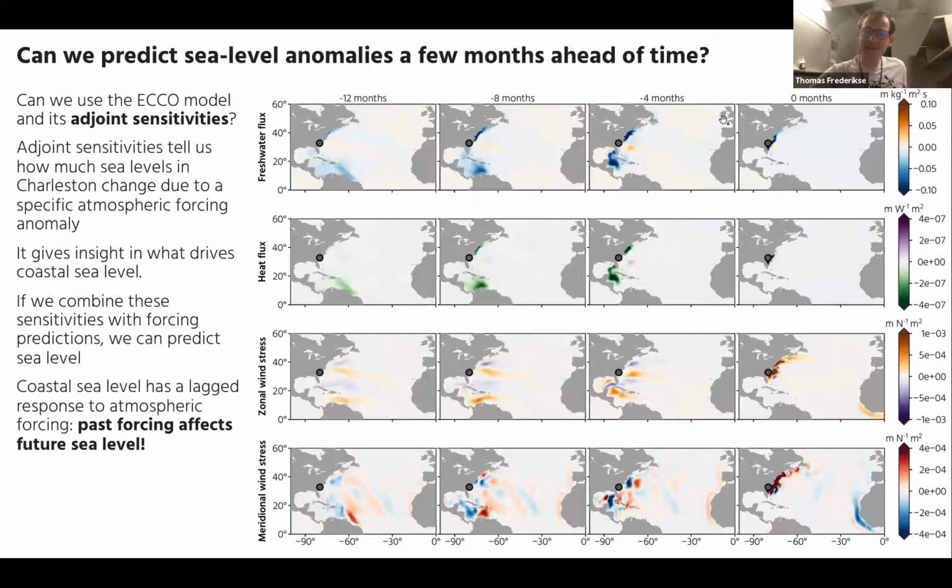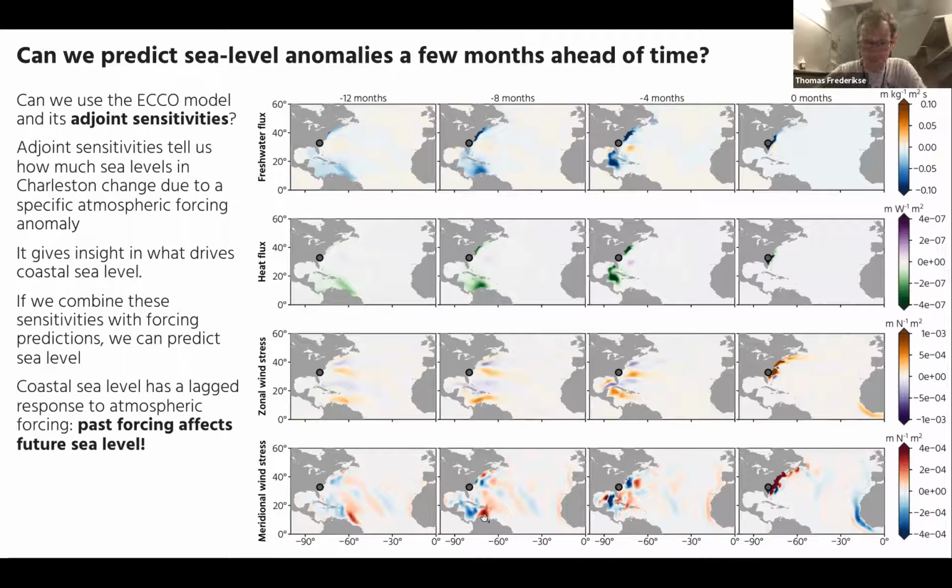But if we combine these sensitivities to atmospheric forcing with the atmospheric forcing itself from the prediction model, we can make a sea level prediction. There's another nice feature: if we want to predict sea level 4 months from now, for sensitivities that are already longer than our prediction horizon, we can use observations.